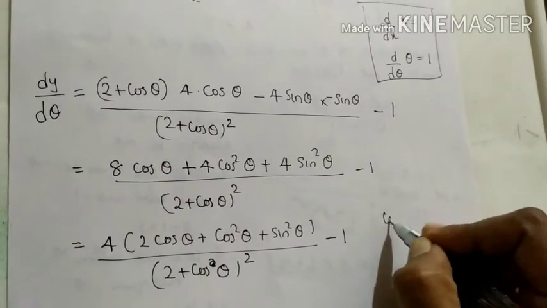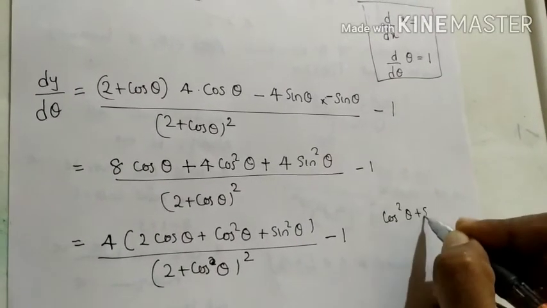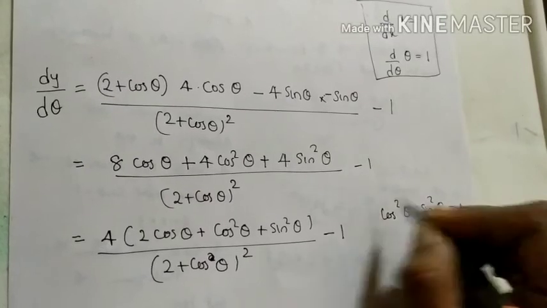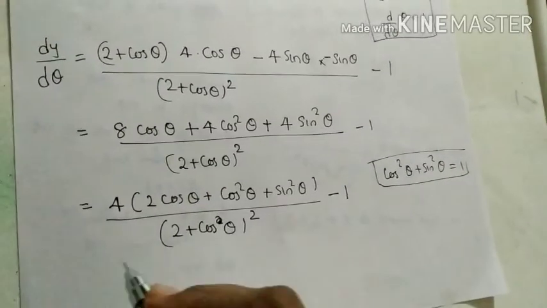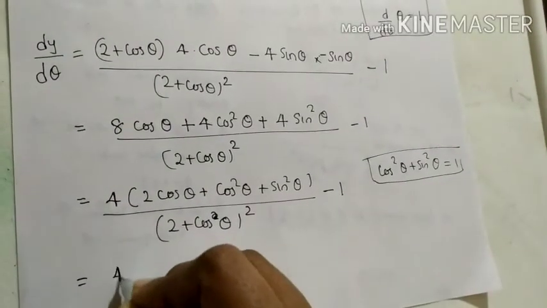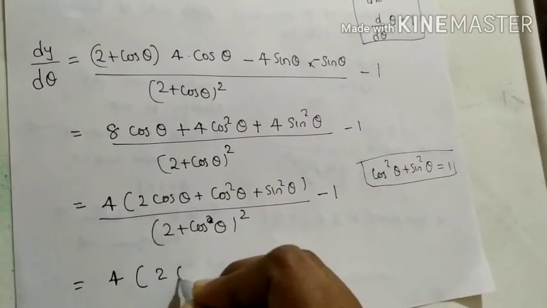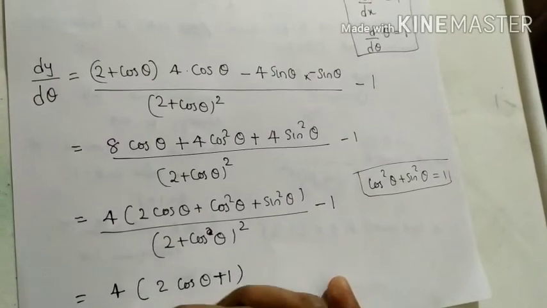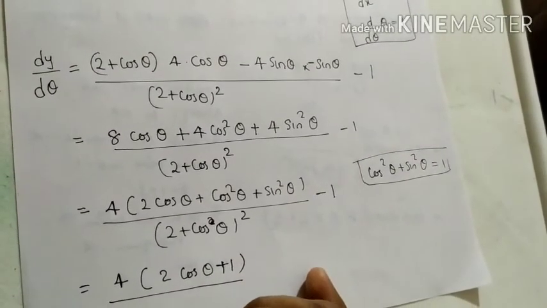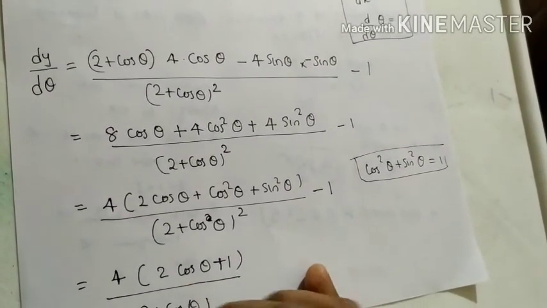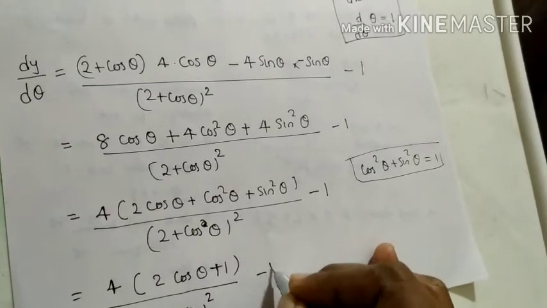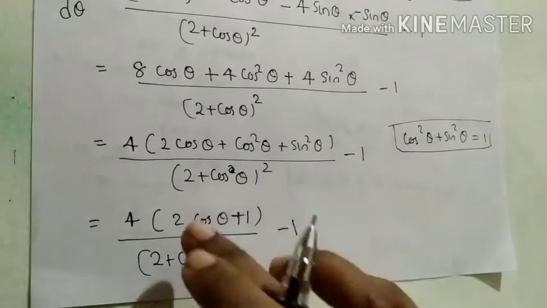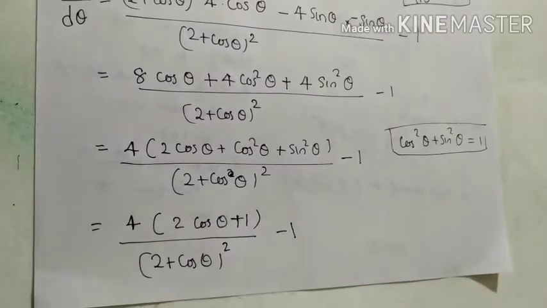And we know the identity cos square theta plus sin square theta is equal to 1, right? So I'm replacing this by 1. We get 4 into 2 cos theta plus 1 whole divided by 2 plus cos theta the whole square minus 1. Next I am going to cross multiply this.